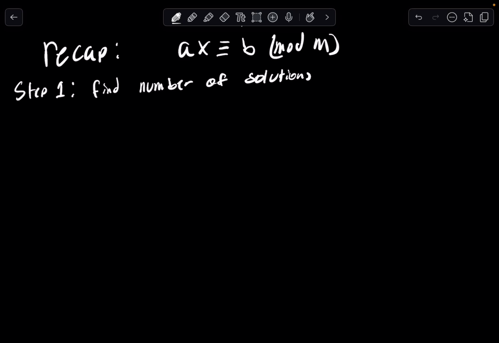And we do that, remember, by finding the GCD. If B is divisible by the GCD of A and M, there exists a solution. If the GCD of A and M equals 1, then there's a unique solution. And if this does not equal an integer, then there's no solution.